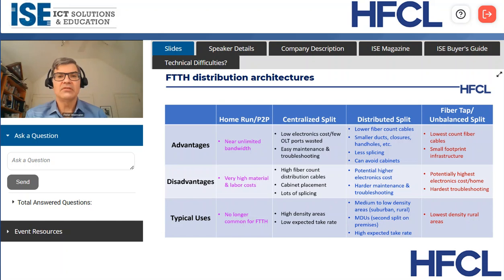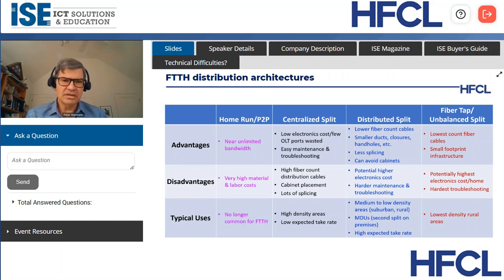The disadvantage is potentially higher electronics cost. You can strand OLT ports depending upon what your take rates are. And also the maintenance and troubleshooting is harder because you have to trace signal through the multiple splitter points. The most common use is medium to low density areas in suburban and rural areas.